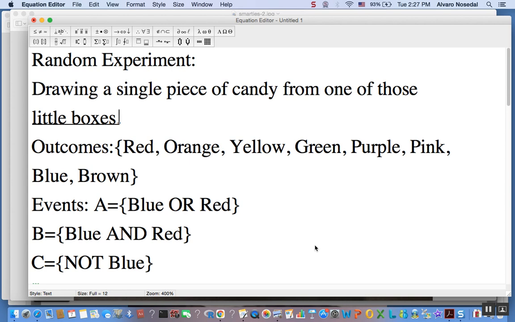Probability is used to quantify the likelihood or chance that an outcome of a random experiment will occur. Well, the likelihood of an outcome is quantified by assigning a number from the interval 0, 1 to the outcome, okay?